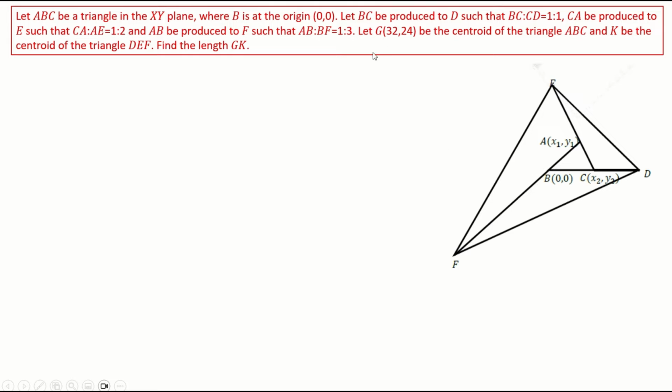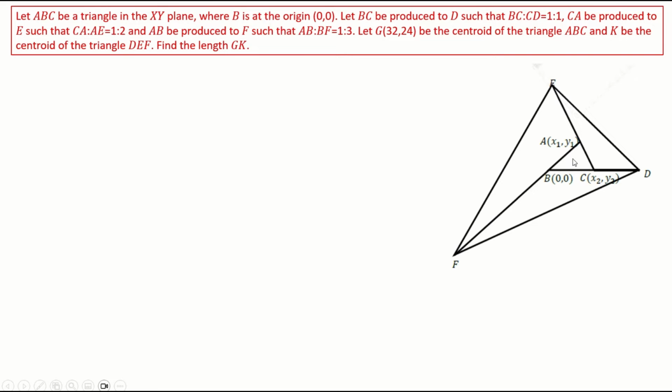Let G with coordinates 32, 24 be the centroid of the triangle ABC. For this triangle, the centroid is 32, 24. And K is the centroid of the triangle DEF. Then he is asking to find the length GK.